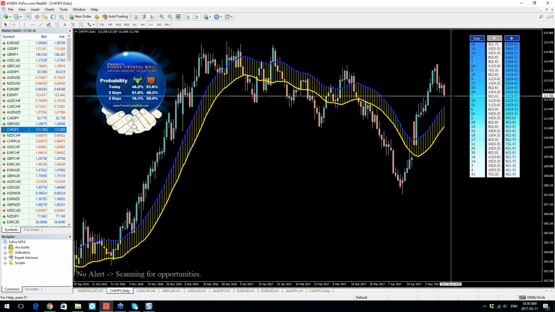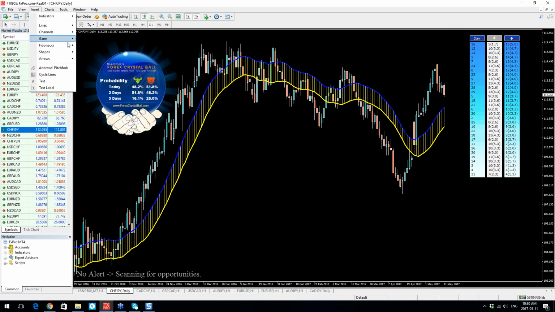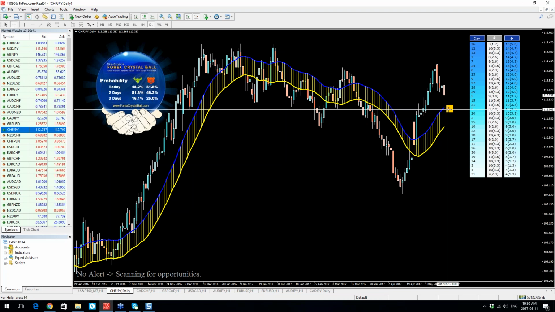That's a monster period, meaning this zone is most likely going to create buy opportunities for us. So what we do here, we insert some kind of arrow, okay, on the dates we want to see. You can insert some kind of shape on these days, and you cover this period yourself.